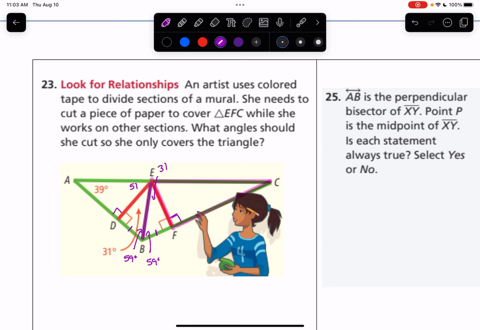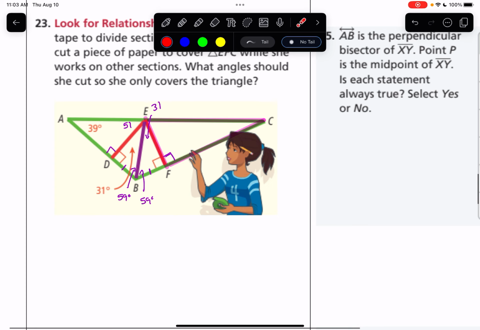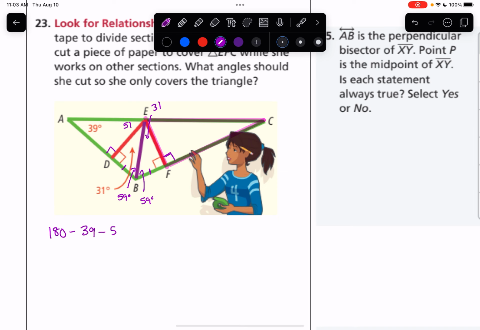And I can go ahead and find the third angle, angle C right here, by doing 180 minus 39 minus 59 minus 59. Okay, let me do that here. 180 minus 39 minus 59 minus 59 is going to give me 23 degrees.